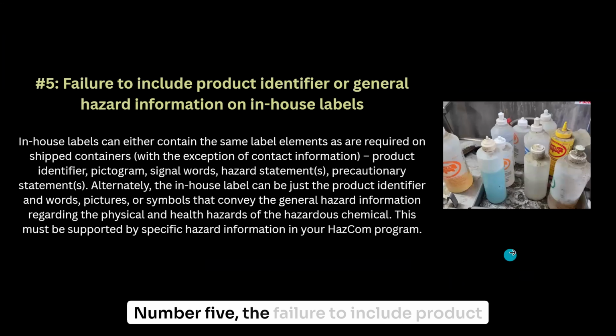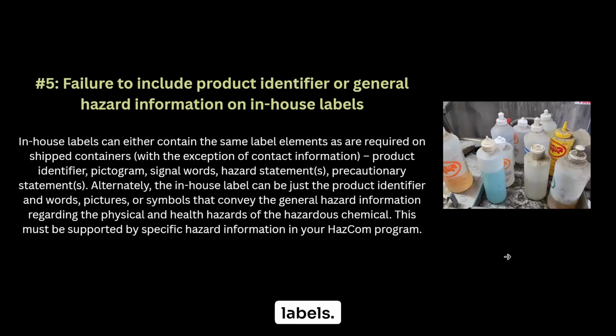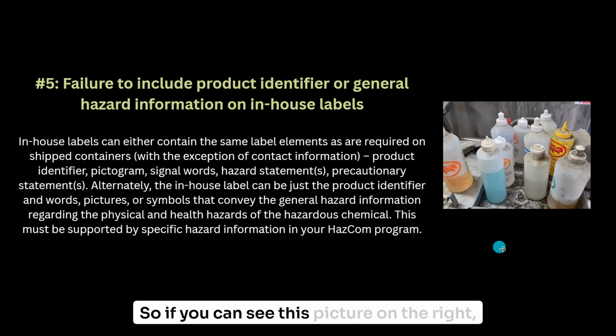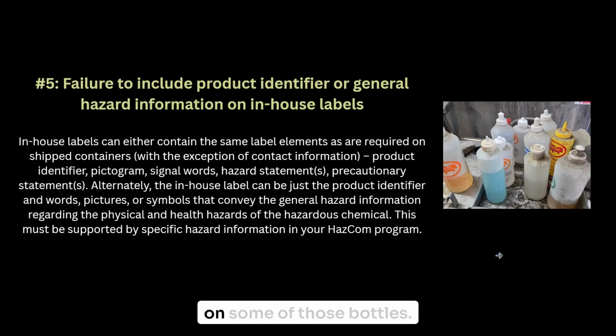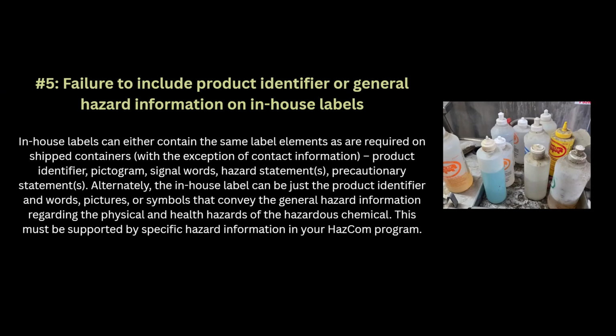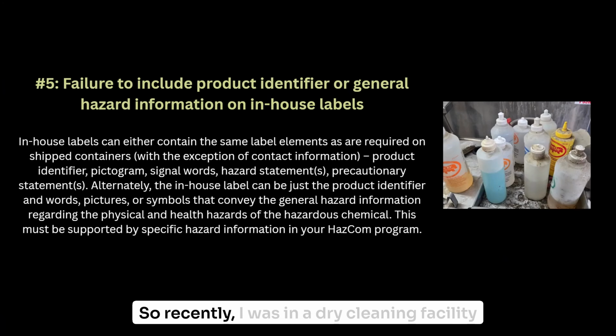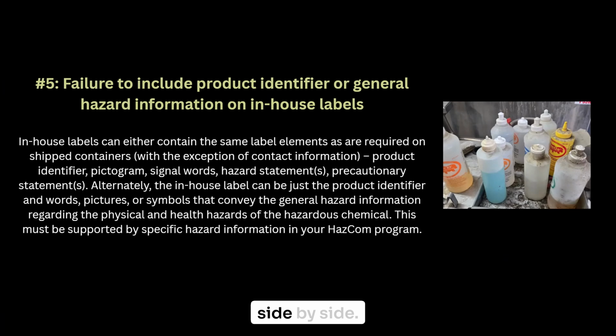Number 5, the failure to include product identifier or general information on the labels. So if you can see this picture on the right, that is from one of our customers. And you might notice there are no labels on some of those bottles. So recently, I was in a dry cleaning facility where there were 2 spotters and they were side by side.